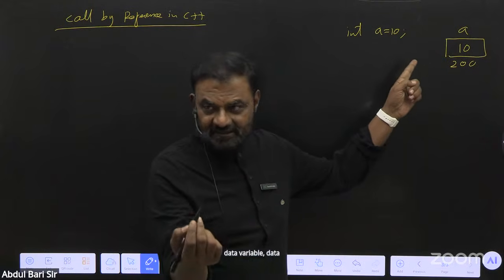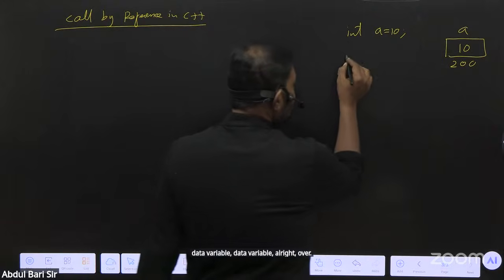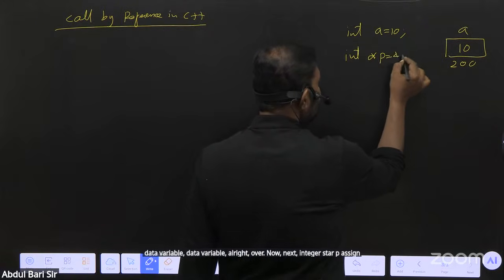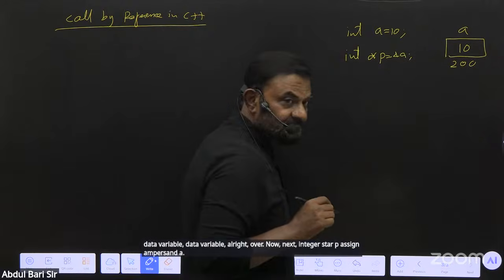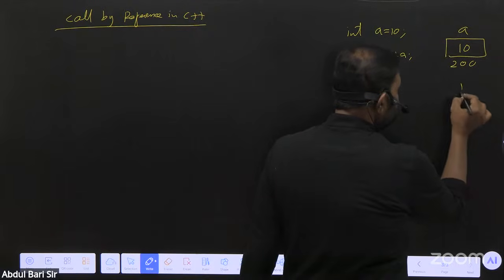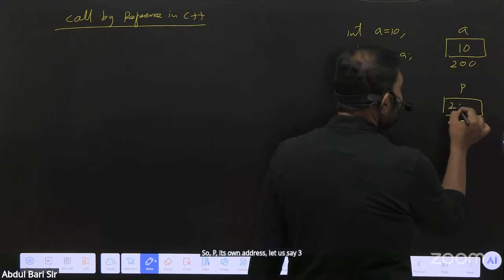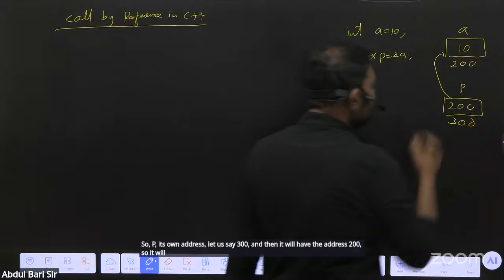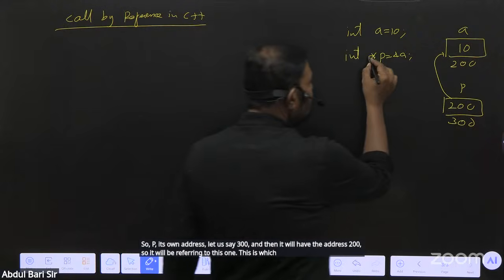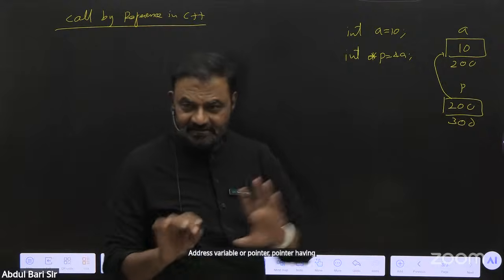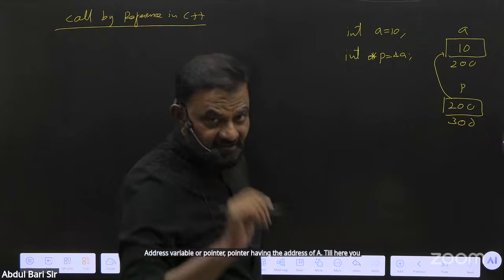Next, integer star P, assign ampersand A. P has its own address, let us say 300, and it will have the address 200, so it will be referring to this one. This is which type of variable? Address variable, or pointer, having the address of A. Till here you know.